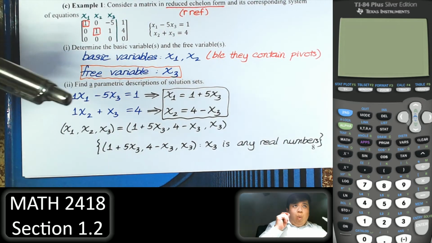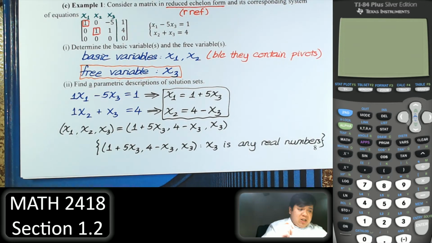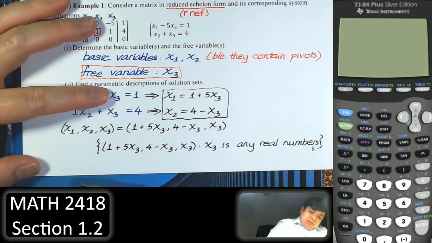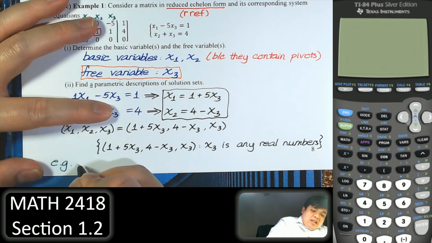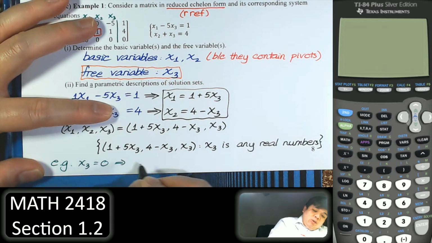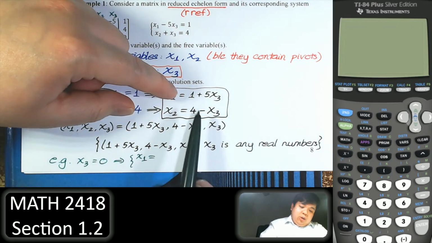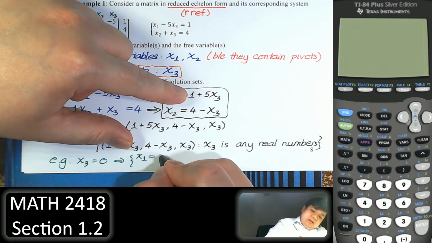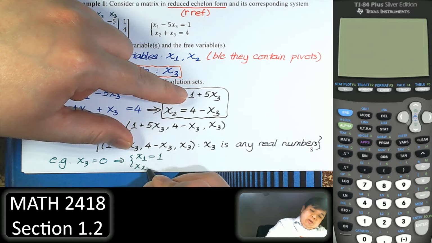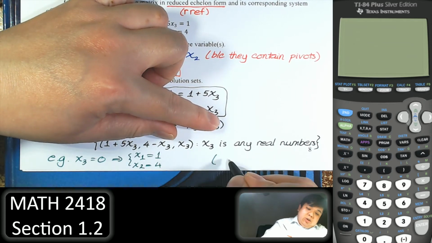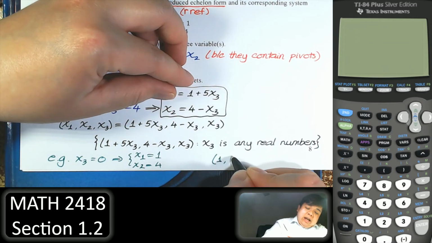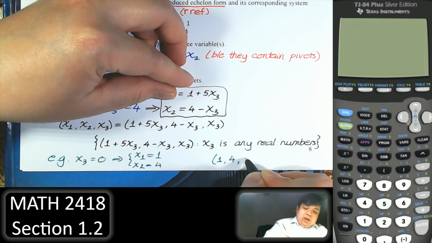Now, if we just want one particular solution, let's say, for example, x3 is equal to 0, then we have x1 is equal to 1 plus 5 times 0, and x2 is 4 minus 0. So we have the solution x1 equal to 1, x2 equal to 4, and x3 equal to 0.